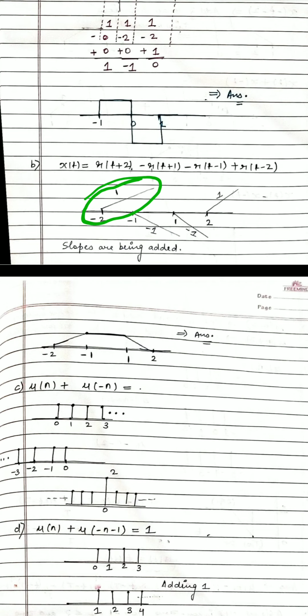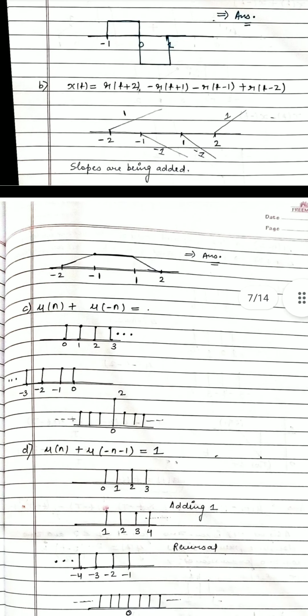Minus r of t plus 1: first just draw the slopes. Starting from minus 1 and the slope is minus 1. Minus r of t minus 1 is starting from 1 and the slope is minus 1. Plus r of t minus 2 starting from 2 and the slope is 1.